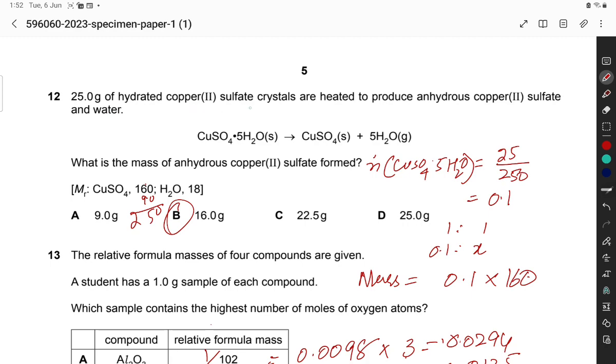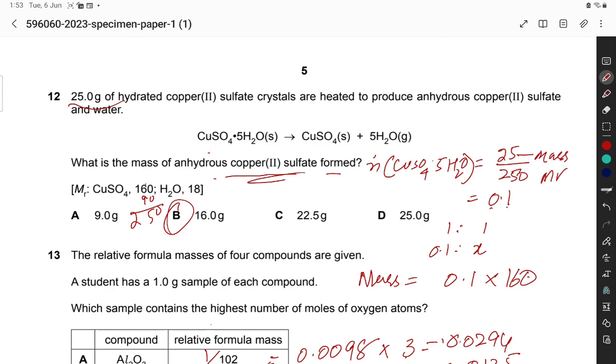25 grams of copper(II) sulfate crystals are heated to produce anhydrous copper(II) sulfate and water. What is the mass of anhydrous copper(II) sulfate formed? So first we have 25 grams of hydrated copper(II) sulfate. First find the moles of hydrated copper(II) sulfate, where this is mass and this is Mr. Using this formula, mole is equal to mass over Mr. We have 0.1 mole.